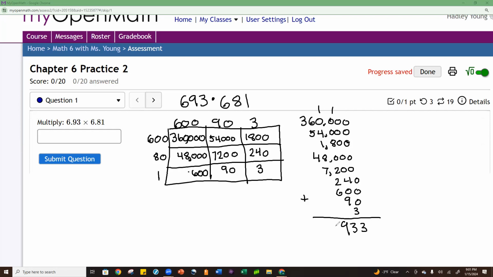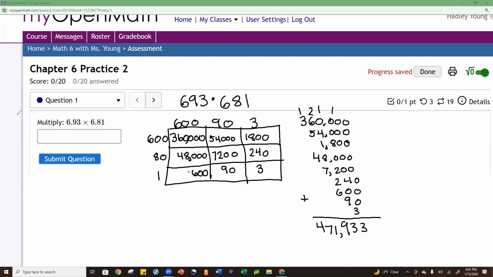Plus the 7 is 21. Carry the 2. 2 plus 6 is 8. Plus 5 is 13. Plus the 4 is 17. Carry the 1. I get 4 here. Okay, so that is our answer to 693 times 681.